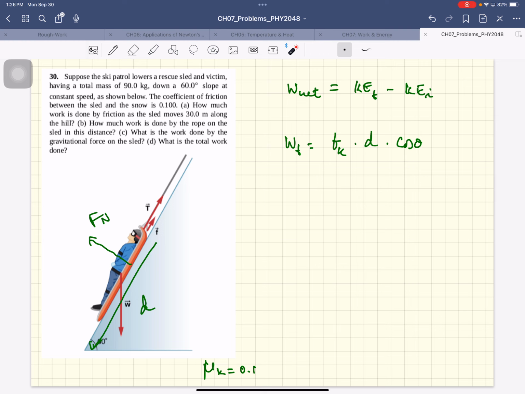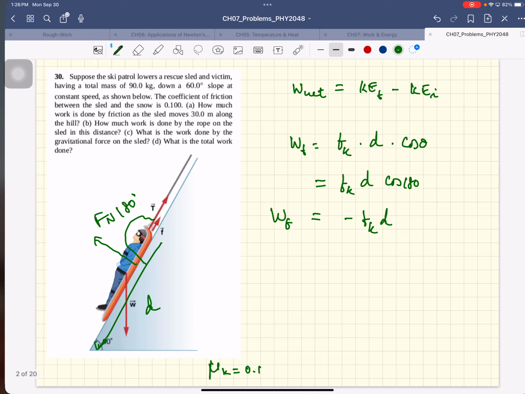Okay. So this is friction force d cosine 180. So friction force always does negative work. Okay, friction forces always do negative work. Everybody understand? This is 180 degrees.